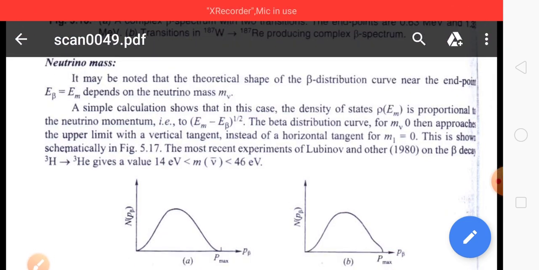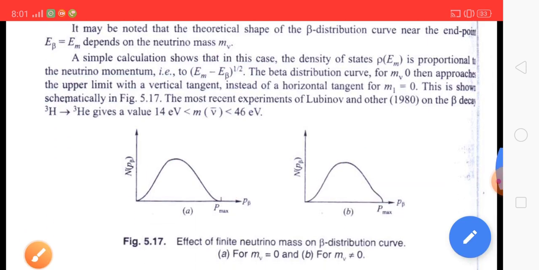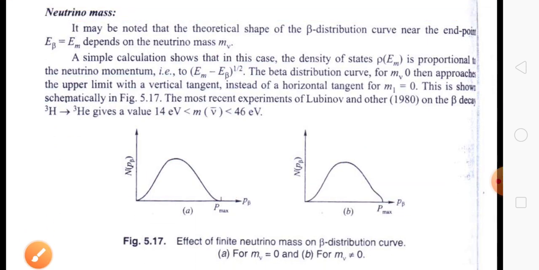A simple calculation shows that in this case the density of states is proportional to the neutrino momentum, that is, to (Em minus Eb) raised to 1 by 2. The beta distribution curve for the neutrino mass not equal to 0 then approaches the upper limit with a vertical tangent, instead of a horizontal tangent for the neutrino mass equal to 0. This is shown schematically in figure 5.17.